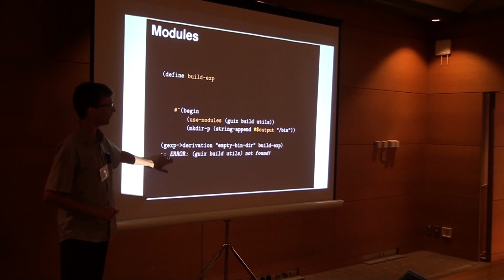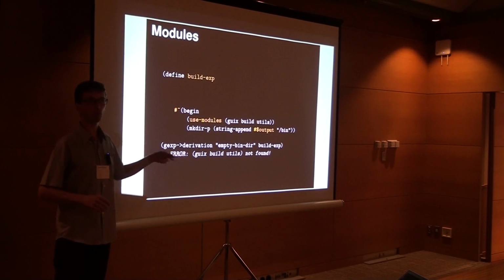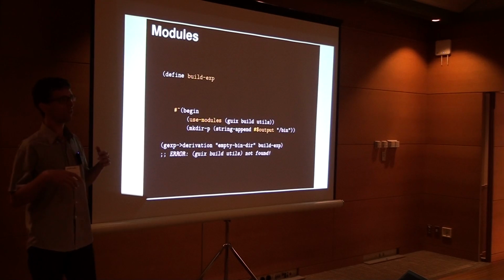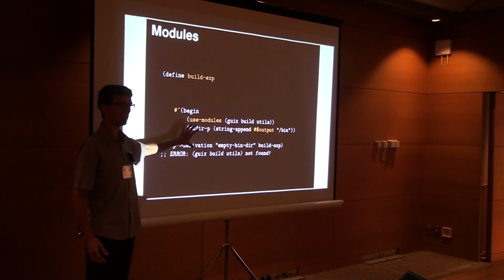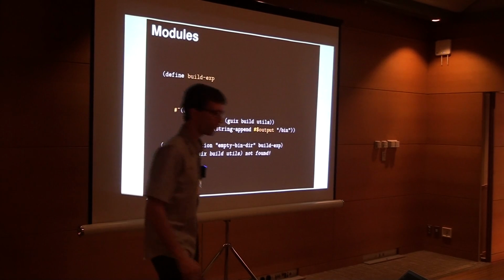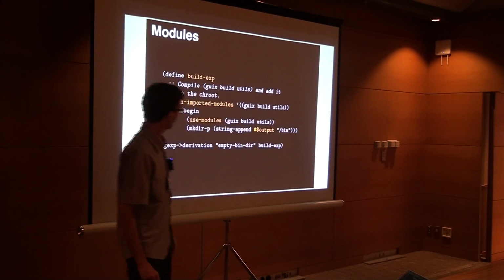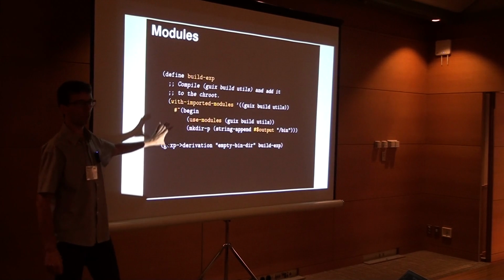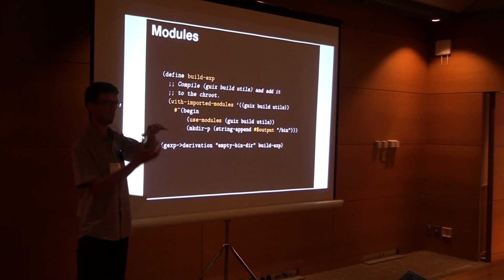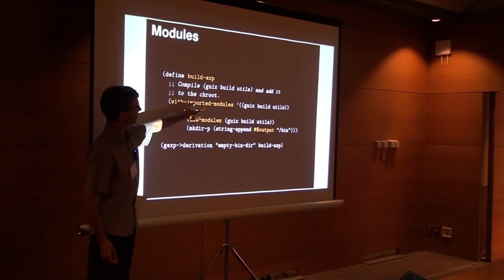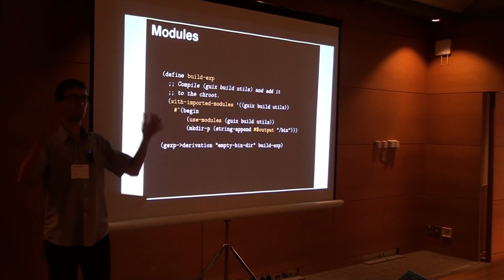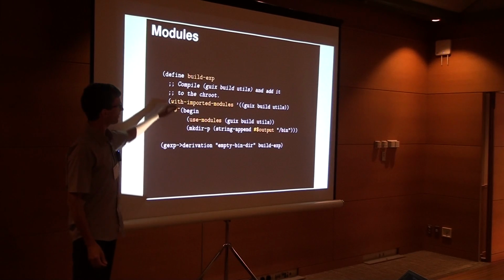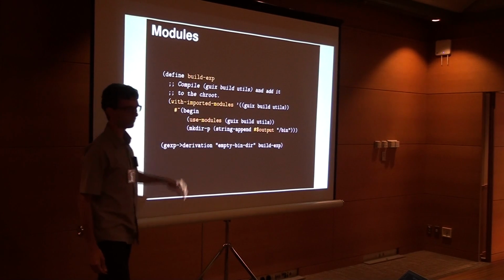Well, if I just do that and try to build the derivation, I'm getting an error because Guix build utils is not in the chroot environment, right? So I need a way to express which modules need to be imported. For that, we have a special form called with-imported-modules, unsurprisingly, where we say, well, the following G-expression in this lexical environment needs the Guix build utils module in its environment, in its chroot, right? And that's how we handle modules.